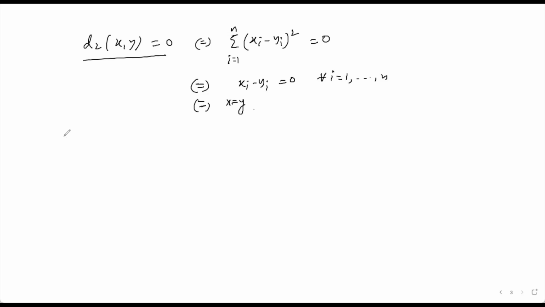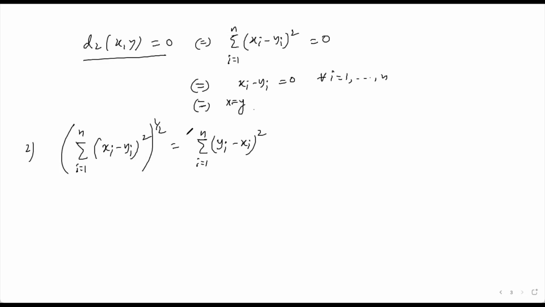Now for commutativity, the second condition: (xi minus yi) squared is equal to (yi minus xi) squared. This is true for all i equal to 1 to n. Therefore, if we take the summation over i equal to 1 to n, this is again equal.